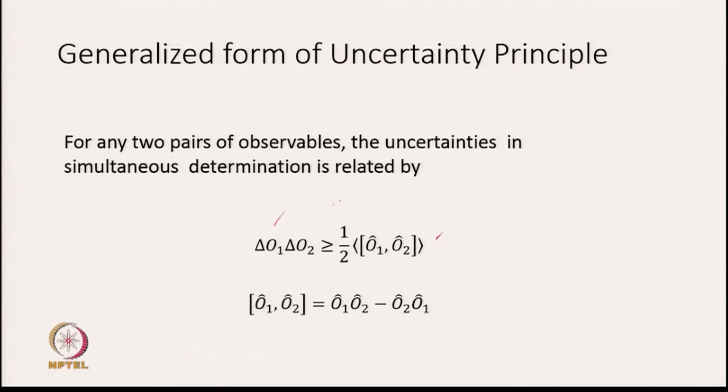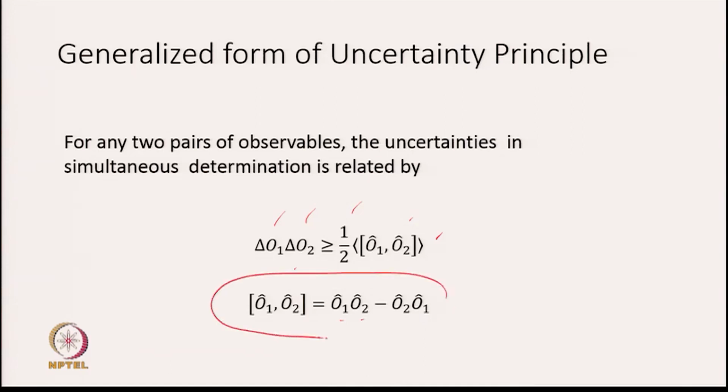This is the generalized equation of the uncertainty principle: the uncertainty in observable O1 multiplied by the uncertainty in observable O2 is greater than or equal to half the commutator of O1 and O2, where the commutator is given by O1 into O2 minus O2 into O1.